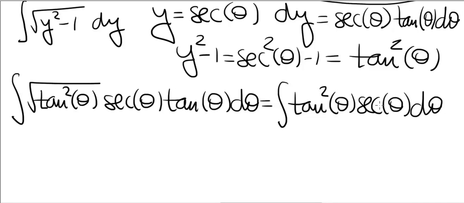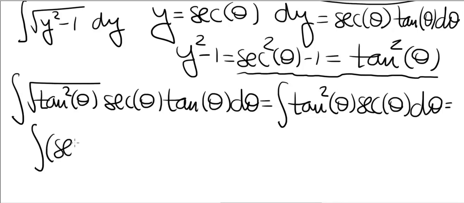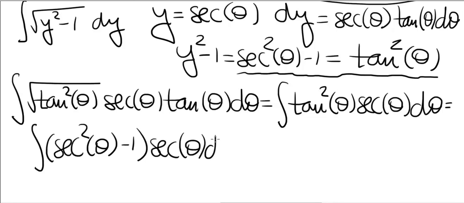To evaluate this integral, we have to use this trig substitution and replace tangent squared of theta with secant squared of theta minus 1. So this becomes the integral of secant squared of theta minus 1 times secant of theta d theta, and this is a difference of two integrals.